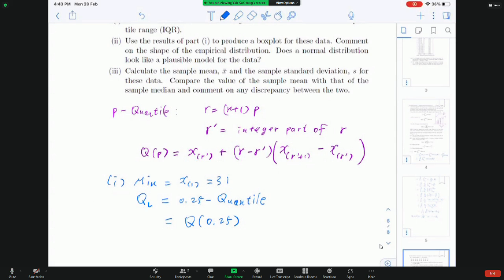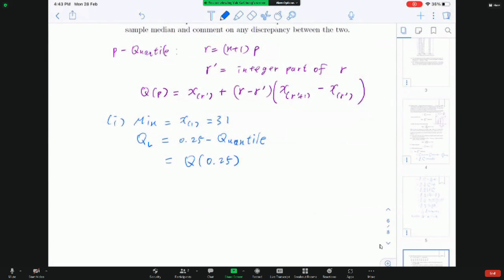So in this question, when p is equal to 0.25, (n plus 1) times p is equal to (18 plus 1) times 0.25, which is equal to 4.75.